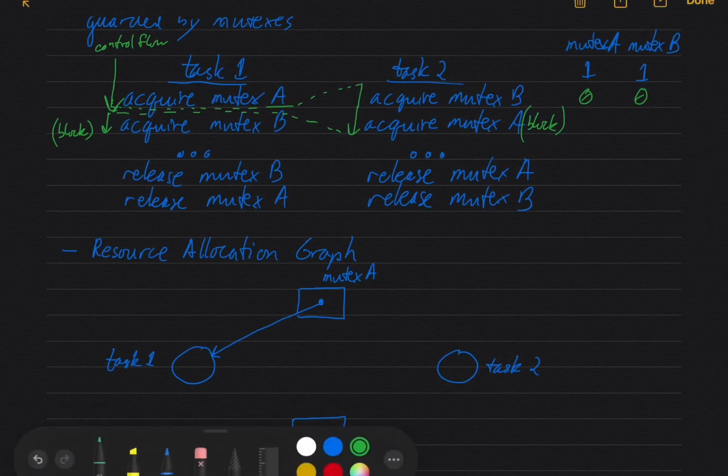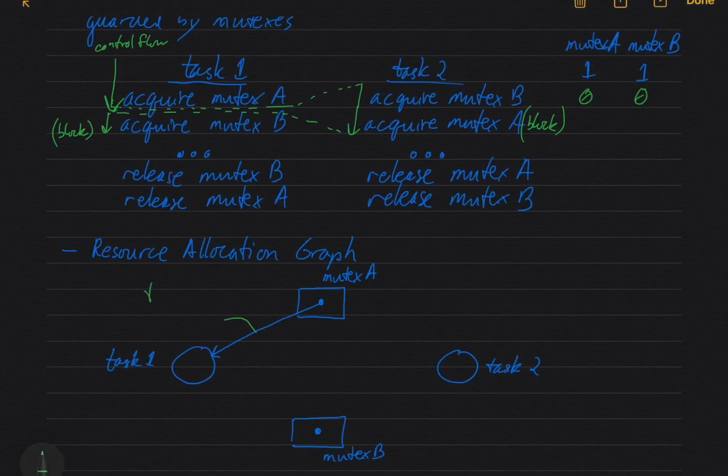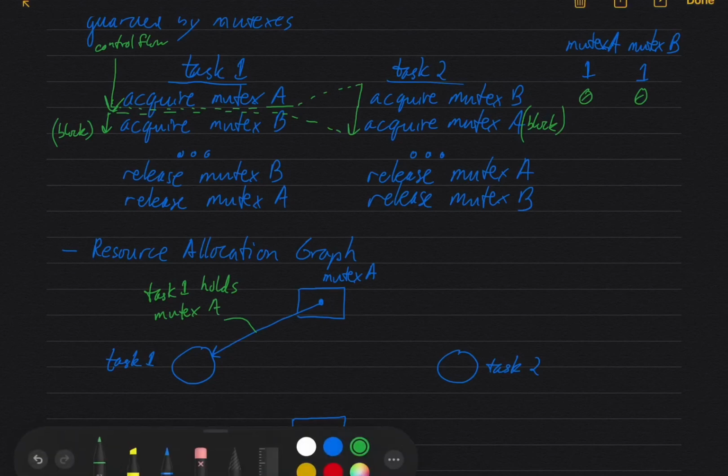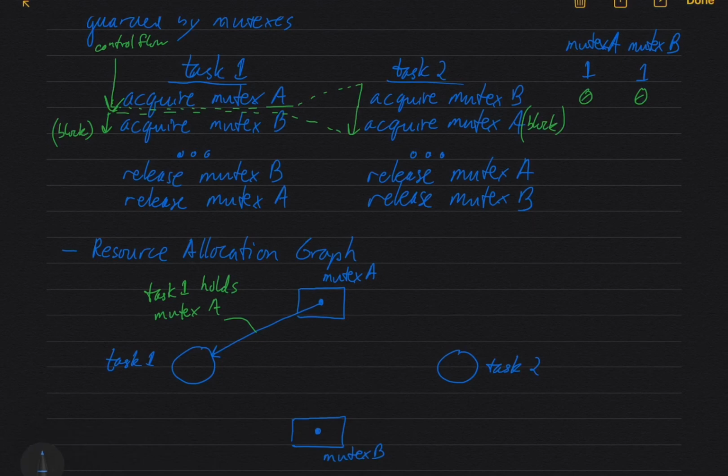So I'm just going to add text to say what this denotes. So this says task 1 holds mutex A. And we might as well add that task 2 is holding mutex B. Don't need to add the text for that.